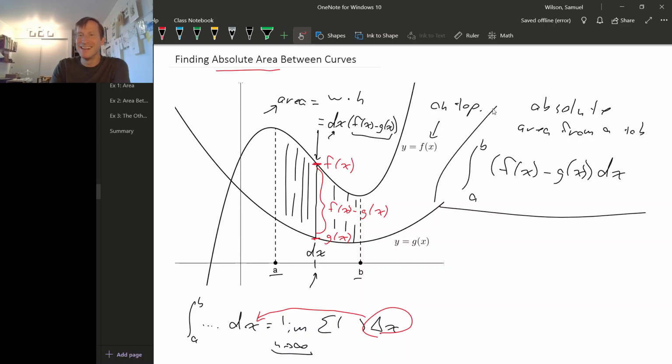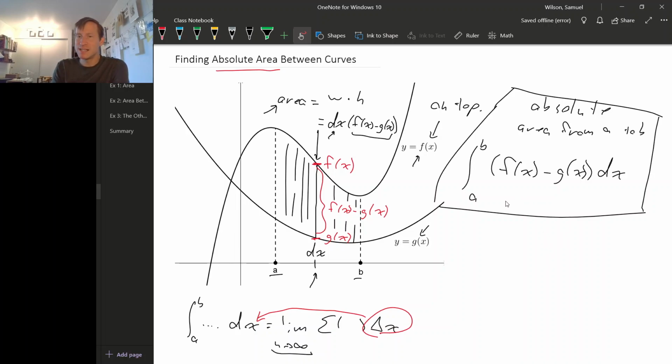And again, keep in mind that part of what makes this formula work is the fact that f of x is above g of x. We'll see what happens if they trade places. It gets a little more complicated.